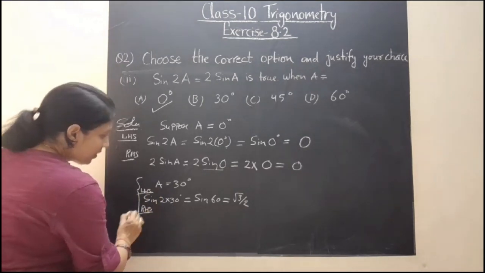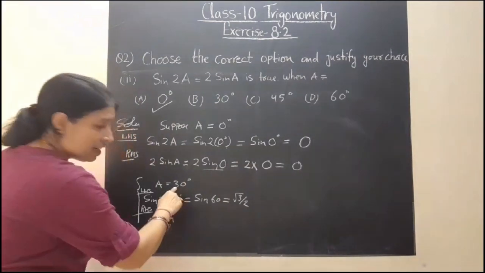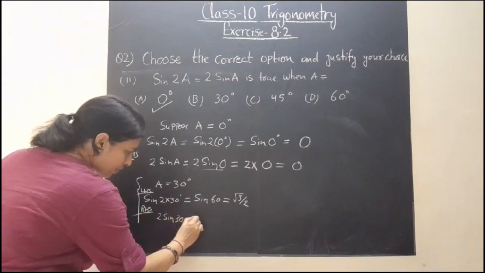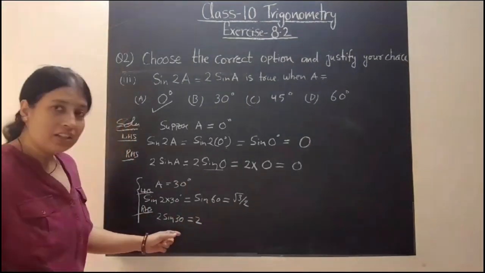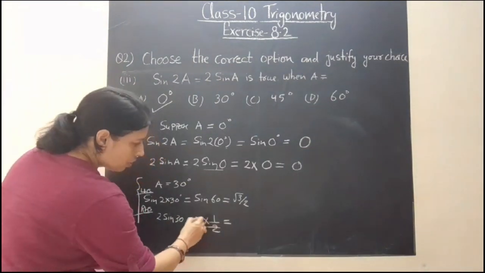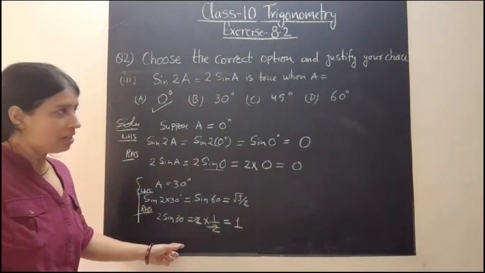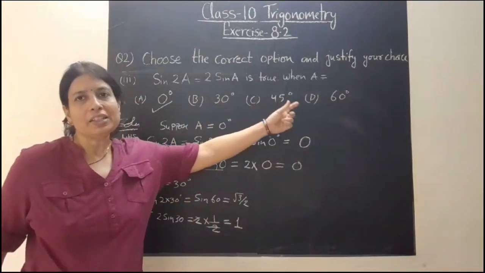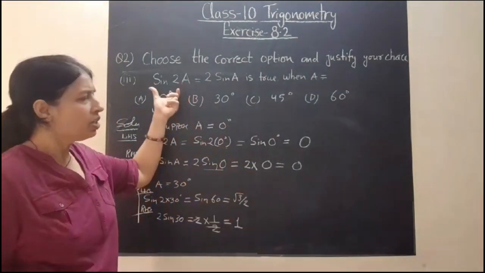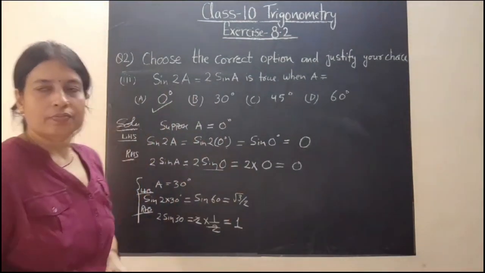What is RHS? RHS is 2 sin A. So write here 2 sin A is, I have here taken 30 degree. So write sin 30 degree. So multiply here 2 sin 30 degree, sin 30 is 1 by 2, so it will come 1. So LHS and RHS are not equal here. So you can check for 45 degree and 60 degree also. So it will not be same. It will be same only for 0 degree. So option A, 0 degree is right answer.